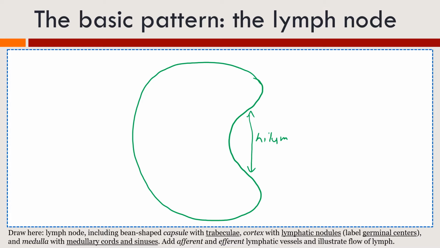Okay, the hilum is, in addition to just being a dimple in a bean, where blood vessels enter and exit the organ, and often other things enter or exit as well, such as an efferent lymphatic vessel.